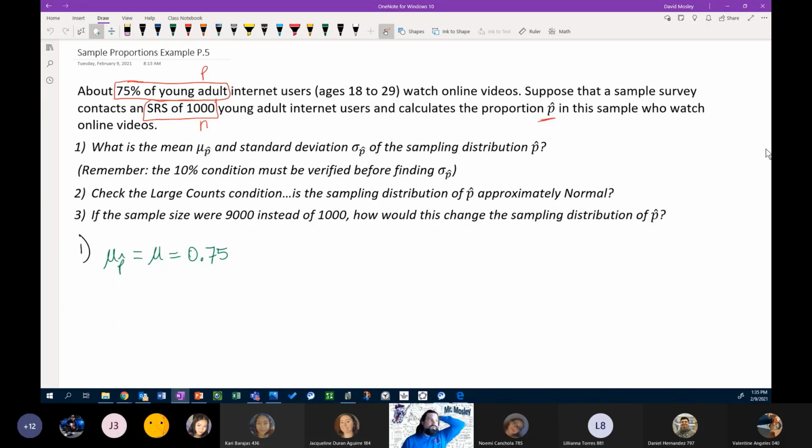Now, we also want to find the standard deviation, but remember, we have to check the 10% condition before finding the standard deviation of the sampling distribution of p hat. In this case, there's not really a calculation. We don't know how many young adults there are between ages 18 to 29, but we can pretty much guarantee that 1,000 is not more than 10% of that.